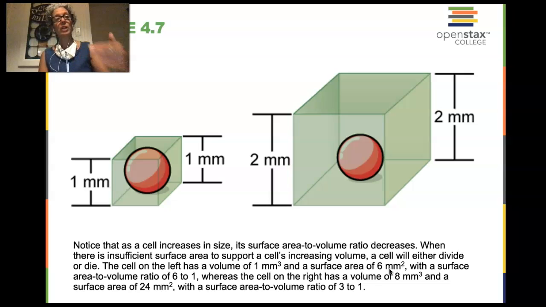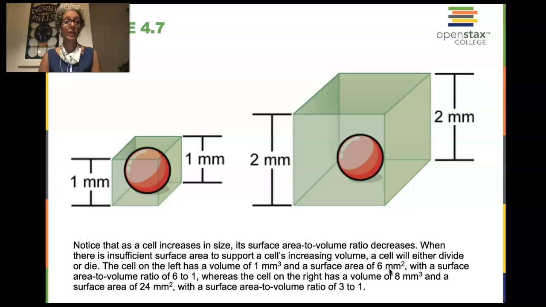And if we keep doubling the size, eventually we get to where just the number that is in front of our units for the volume becomes larger than our number that represents the surface area. And then our surface area to volume ratio will be less than 1.